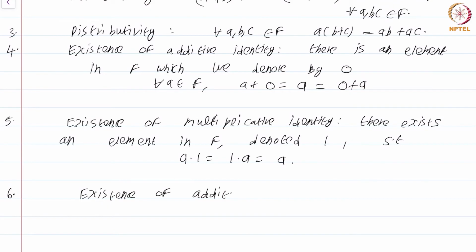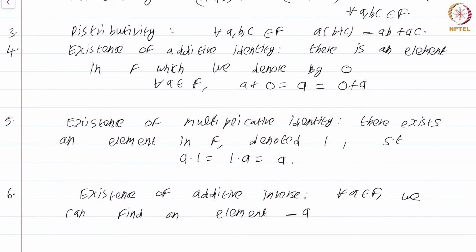Additive inverse. For all A in F, we can find an element which, again for psychological reasons, we denote as minus A. This looks more like underscore A. This is not C programming, so I will write it as minus A such that A plus minus A is equal to 0.